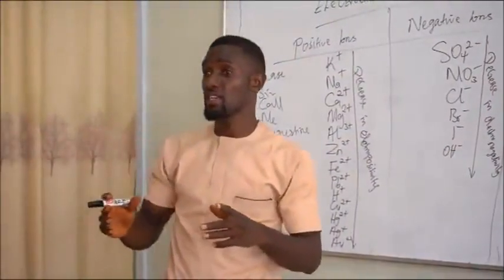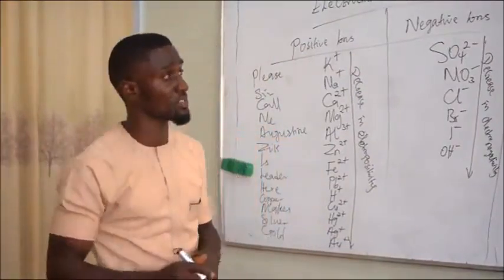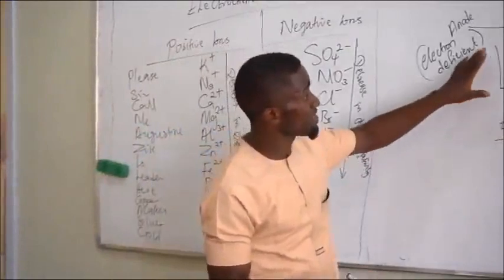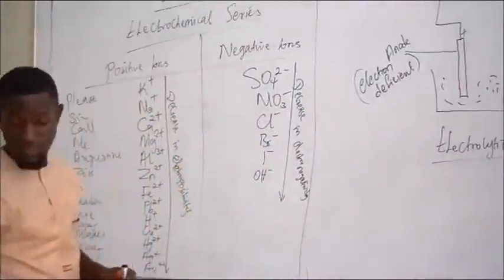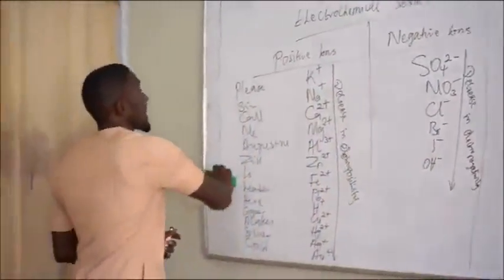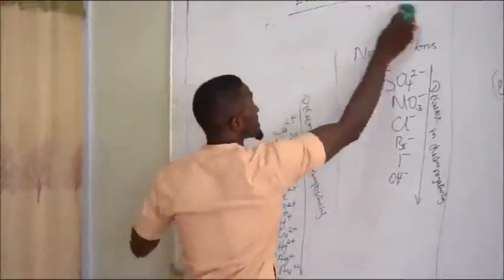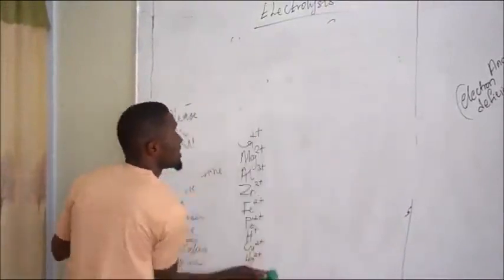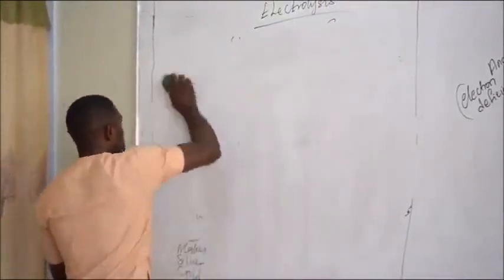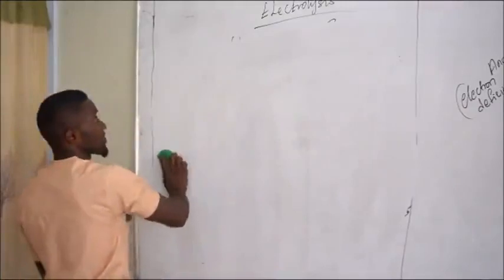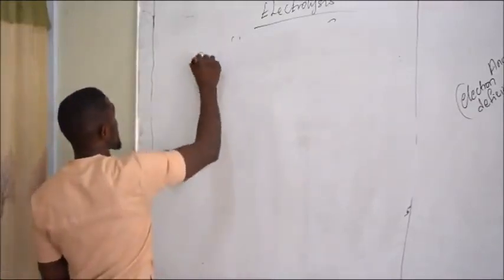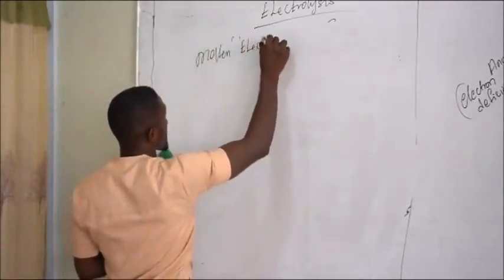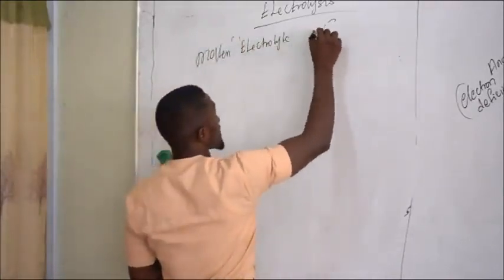Let's look at the explanation of electrolysis. Now, in electrolysis, I made mention of molten electrolytes and aqueous electrolytes. Some students or some people are confused with these two words.